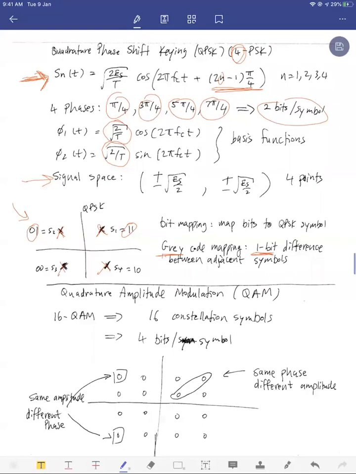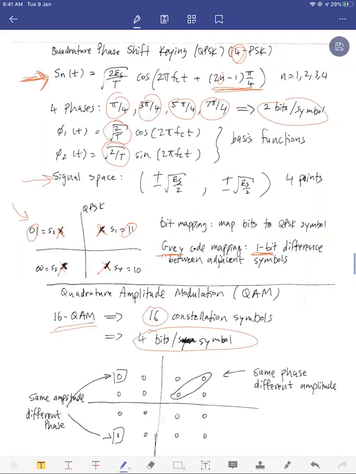Okay, so this is an example of QPSK, and I'm going to give you one more example of QAM. I actually talked about 16 QAM before. In 16 QAM, you have 16 constellation symbols, which means you've got 4 bits per symbol. Here I'm drawing out the 16 symbols in the diagram, 4 in each quadrant.